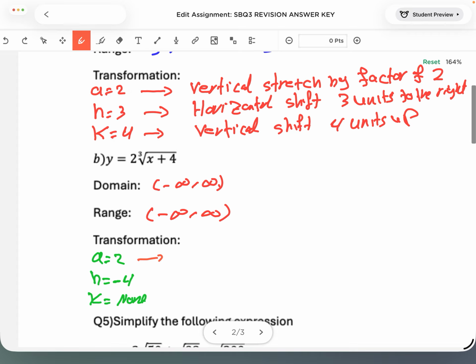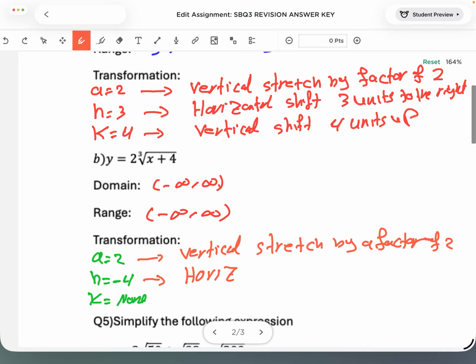So it means that we have a vertical compression, or vertical stretch, sorry, by a factor of 2, and a horizontal shift 4 units to the left.